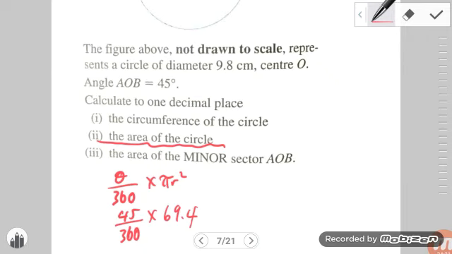So 45 divided by 360 multiplied by the area, and that's going to be equal to approximately 9.4. They said to one decimal place, so approximately 9.4.